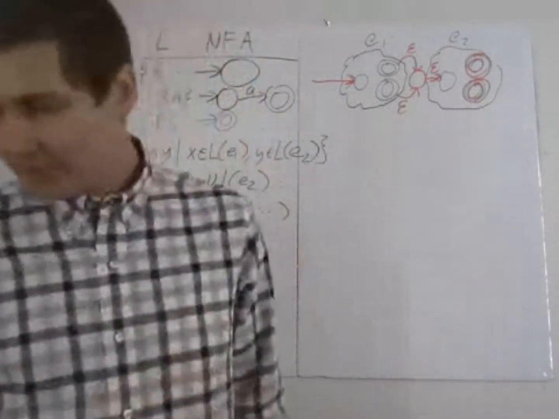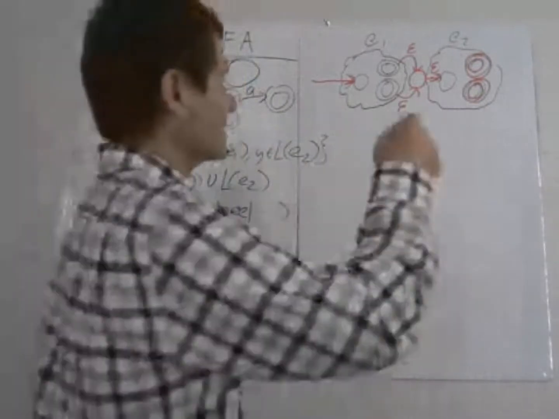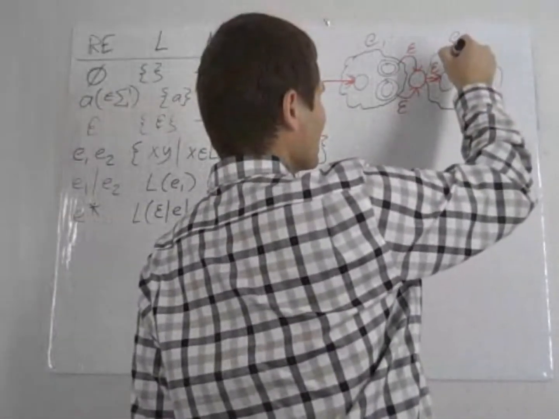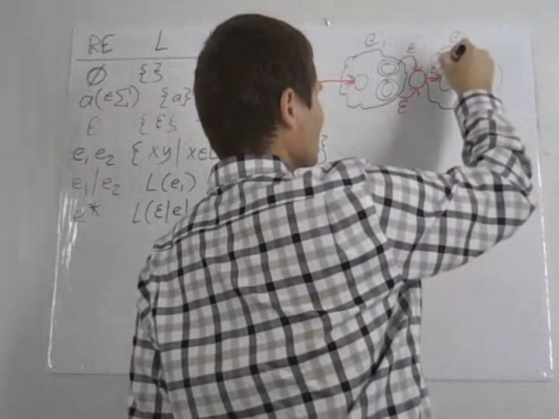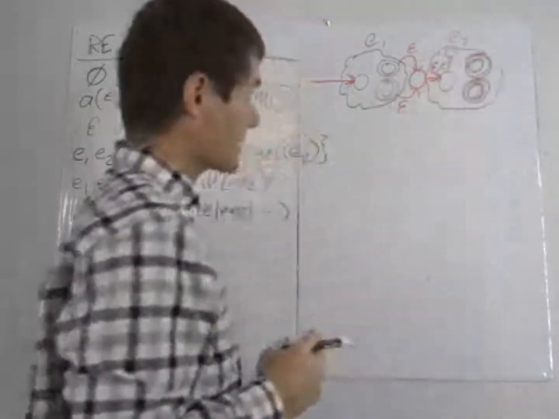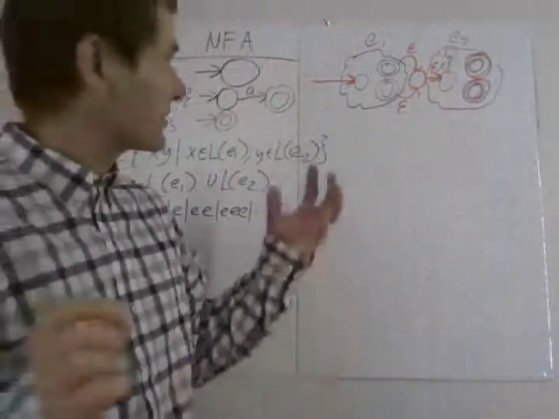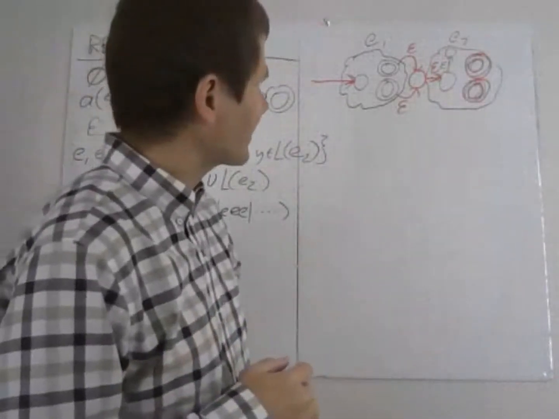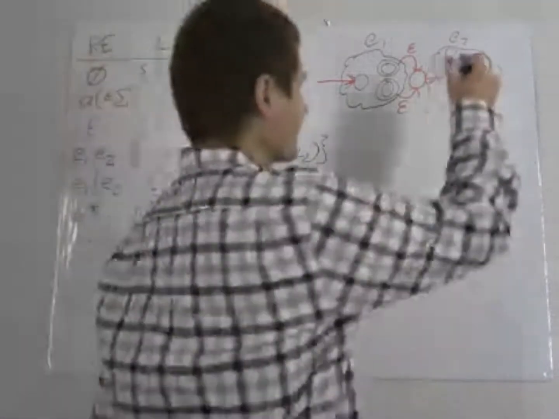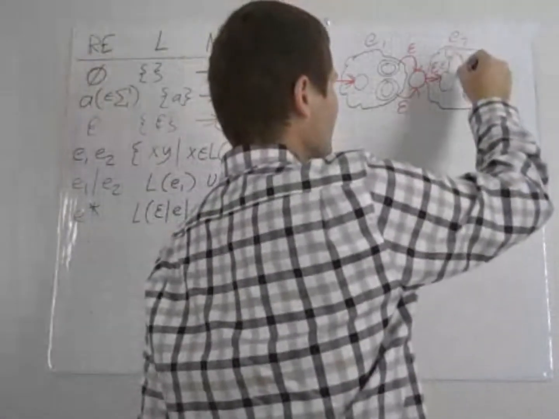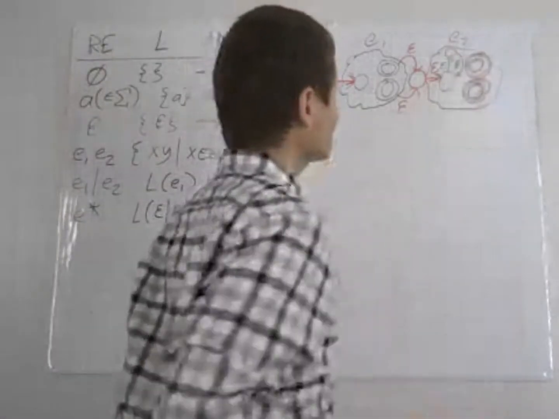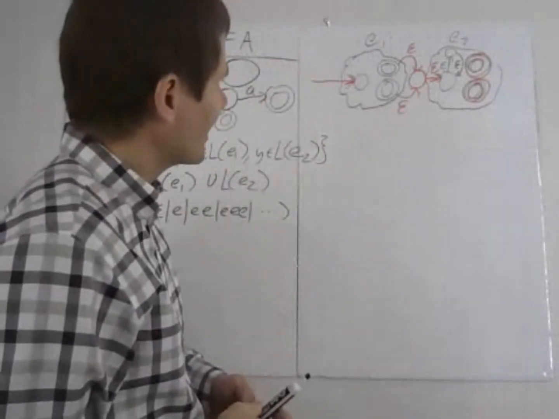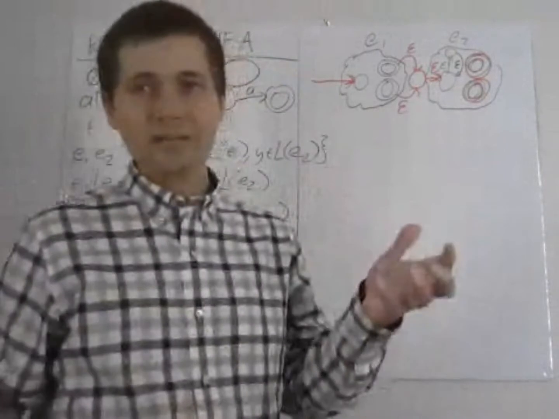The reason for it is, in case there are other epsilon transitions out to other states inside here, you don't want things to get muddled up, or possibly other transitions back from various states. But I think strictly speaking, it's not necessary.